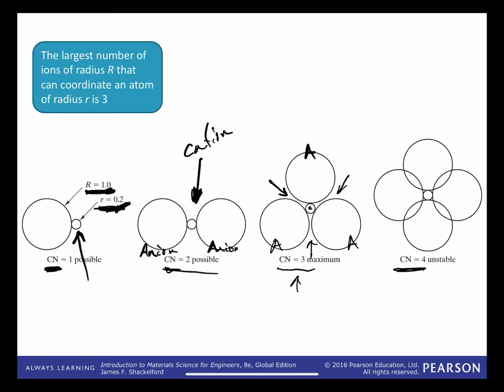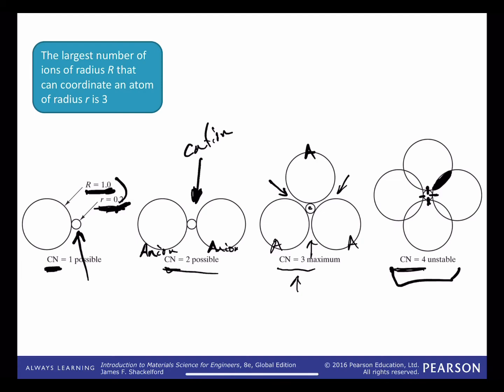Going to 4 emphasizes this difference. So if we have to maintain hard sphere contacts here, it's impossible to bring 4 anions into contact with that common cation because we end up breaking the hard sphere model, where there's overlap. So here we can predict this would be unstable if we consider the ratio of the radii.